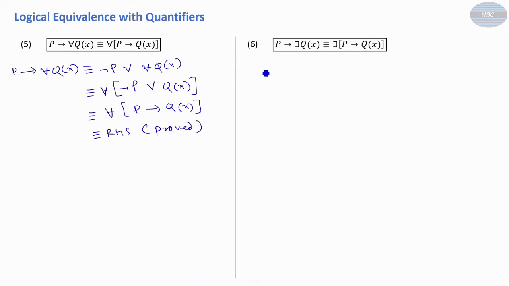Now come to another formula. We'll prove this one in the same manner. In the left hand side we have P conditional there exists x, Q(x).